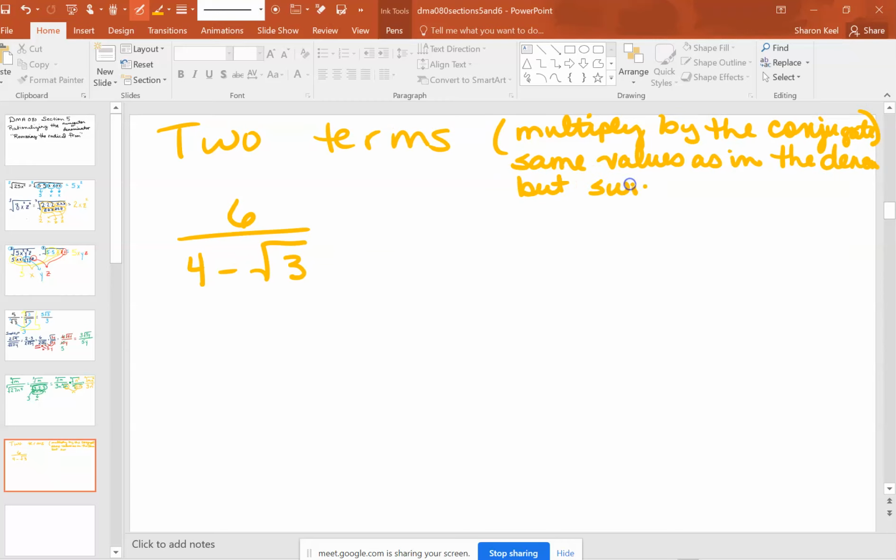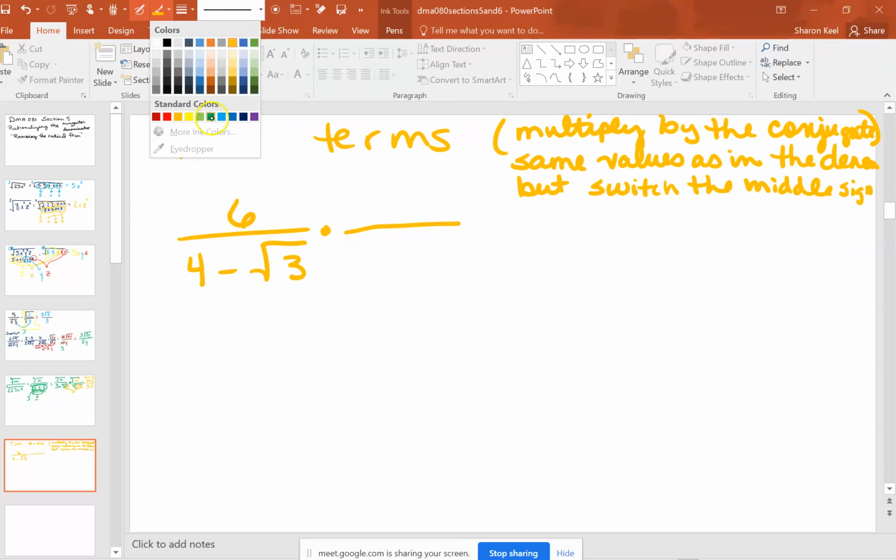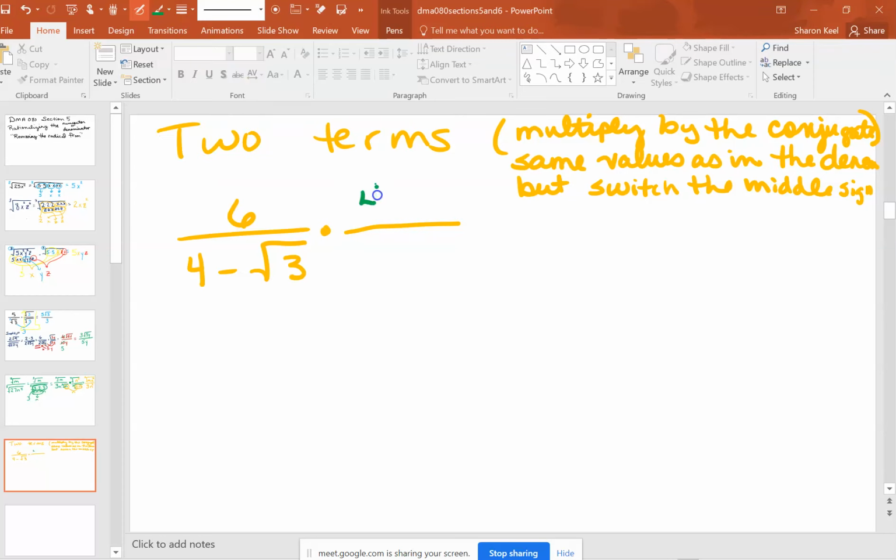If it's a plus, you make it minus. If it's a minus, you make it a plus. So for this one, I'm going to multiply by the conjugate, and let me show you what that's going to be. We've got 4 and the square root of 3. Do you see how this one is subtraction?